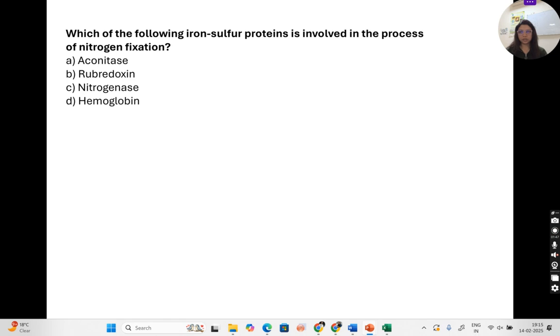Based on them, the question can arise: which of the following iron sulfur proteins is involved in the process of nitrogen fixation?